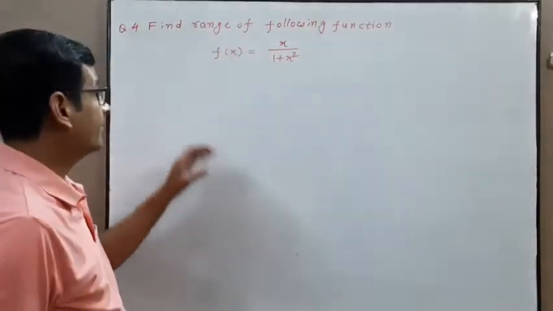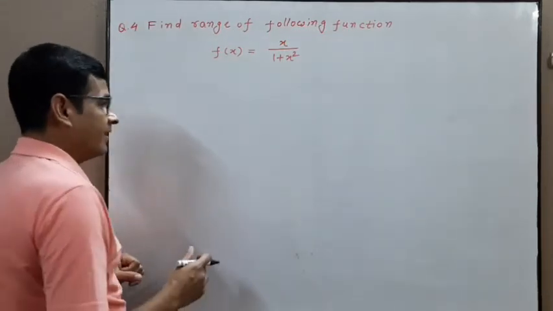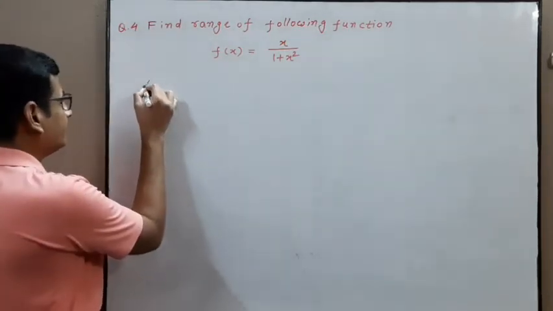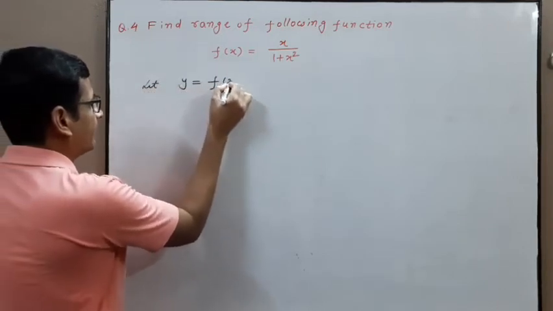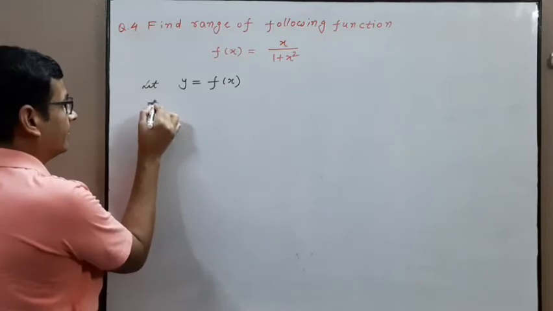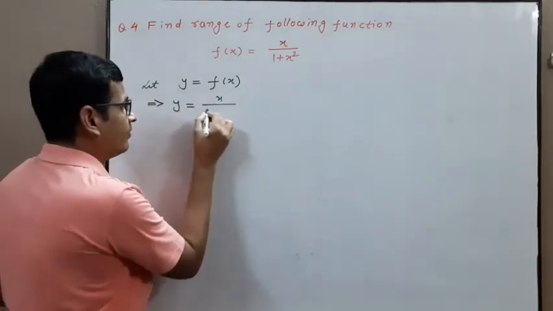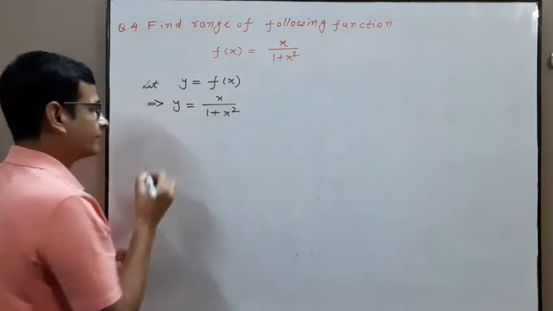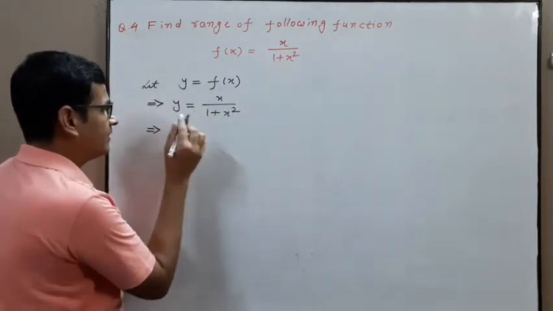Next problem. Find range of f(x) equal to x upon 1 plus x square. First step, let y equal to f(x). Now substitute the value of f(x), x upon 1 plus x square. Now cross multiply, y into this.